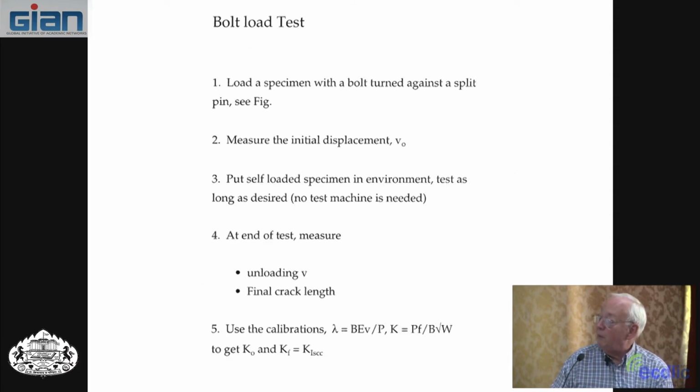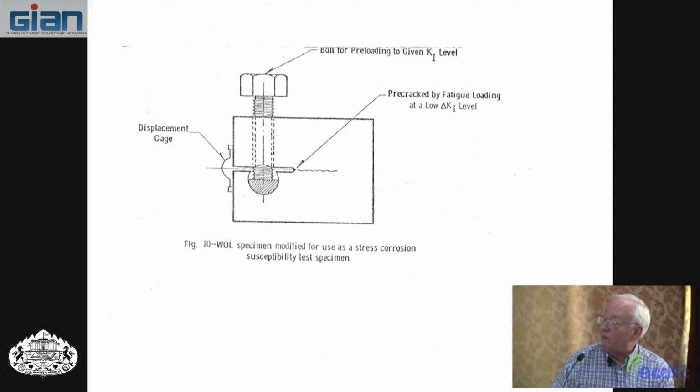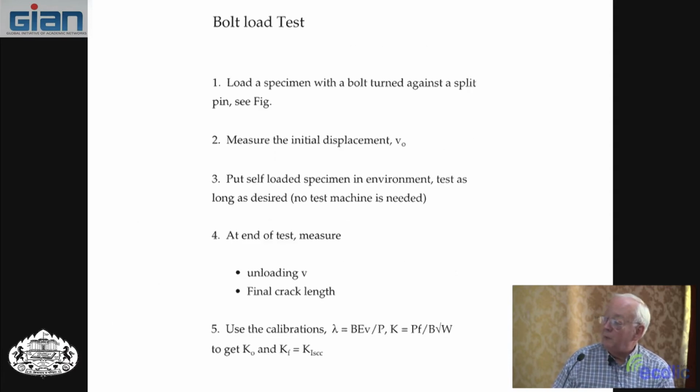So you load a specimen with a bolt turned against a split pin, as you saw in the figure, and then measure initial displacement. The reason for measuring displacement is this apparatus doesn't have any load cell, so there's no load capacity in here, and you have to then measure displacement and use all this mess that we talked about over here, the BEV over P column, and get then back out the K, so you get the load and then the K from the load. So you measure displacement.